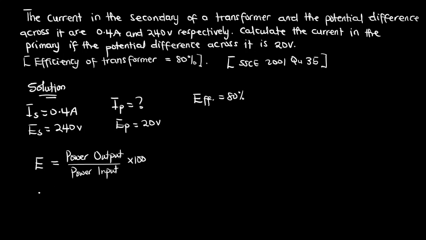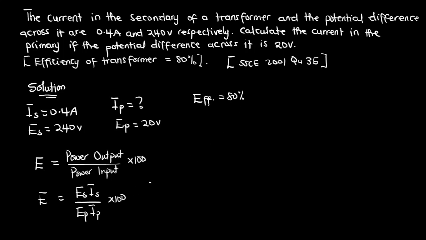So basically it means that our efficiency is equal to the power output, ES IS, over power input, EP IP, multiplied by 100. Are we okay? Now this is the formula that we're going to use to solve our problem.